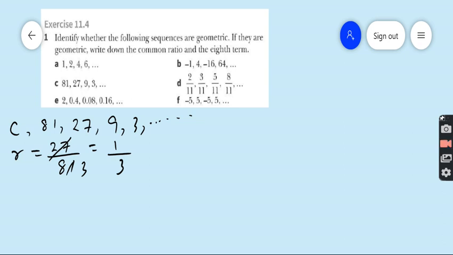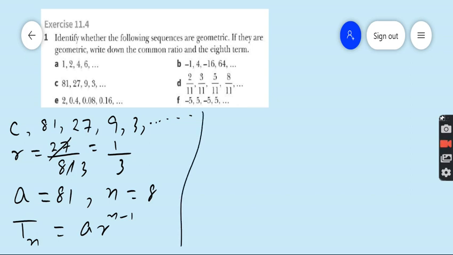Now we have to find the eighth term. The first term is 81, n is 8, and the formula is Tn equals ar to the power n minus 1. Tn or an both are same.